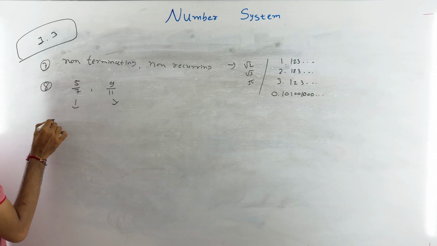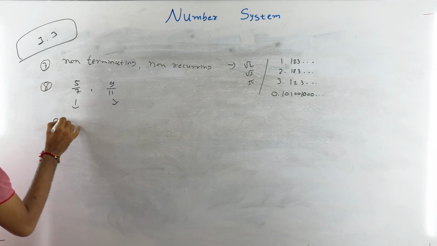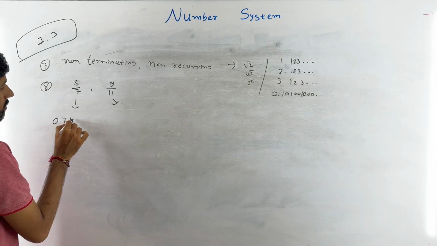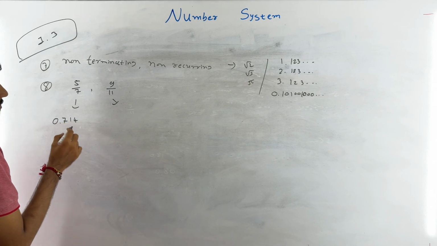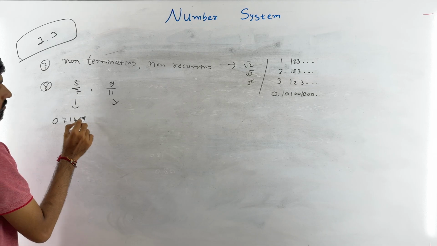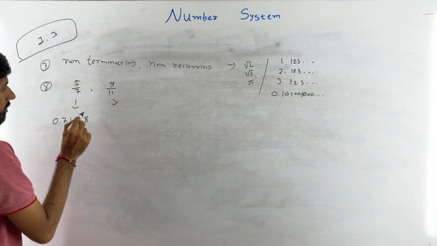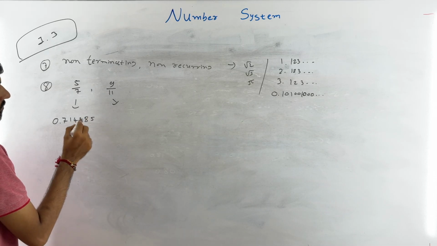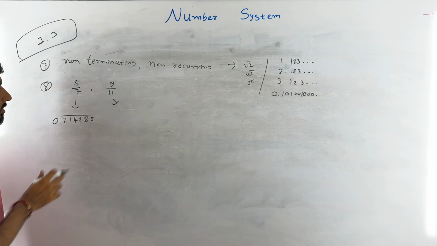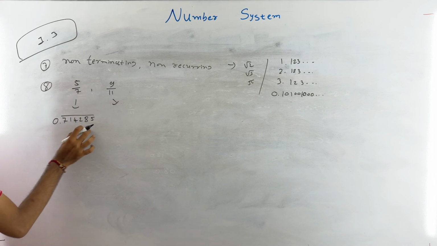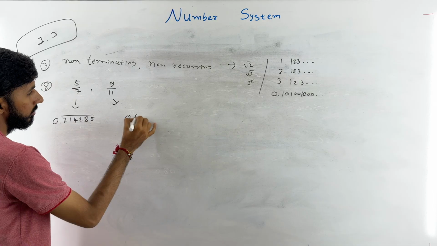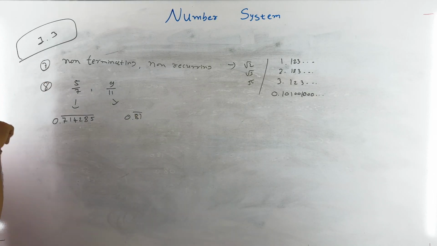For 5 by 7, my answer will be 0.714285, right? The decimal expansion of 5 by 7 will be this. Now for 9 by 11, the decimal expansion will be 0.818181, right?